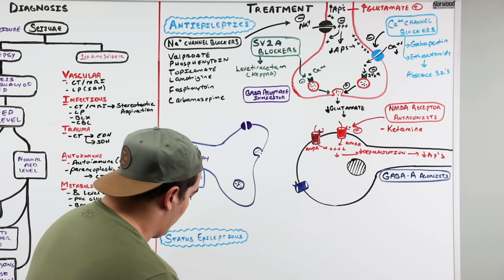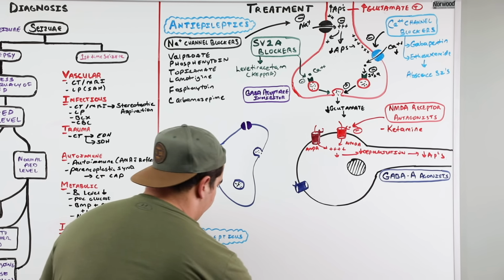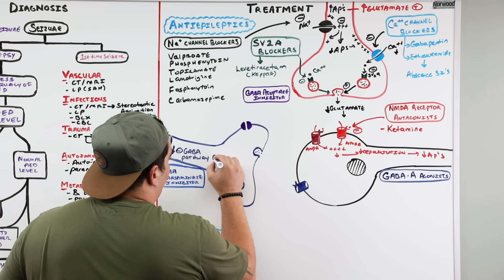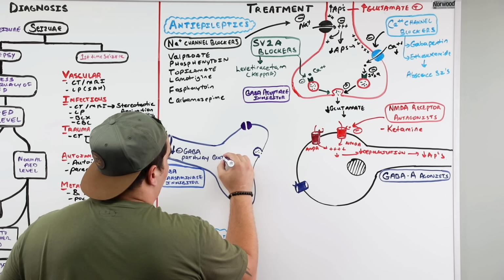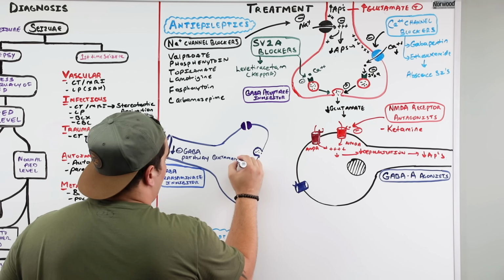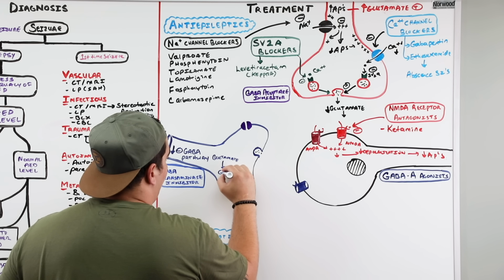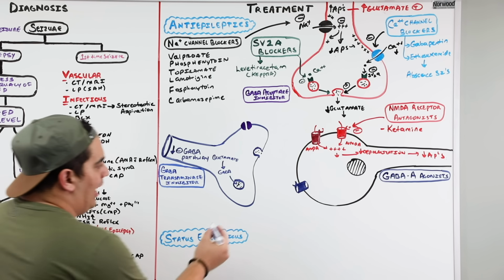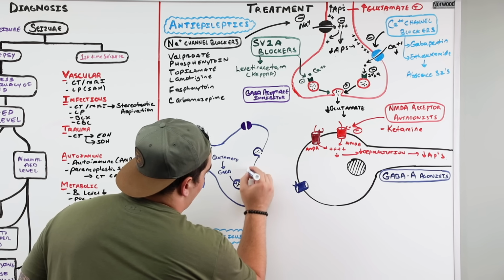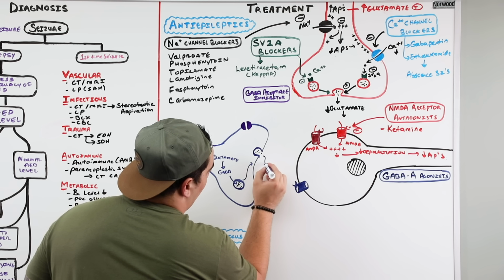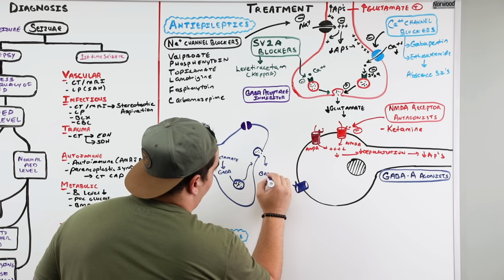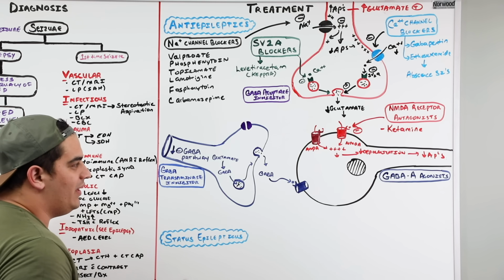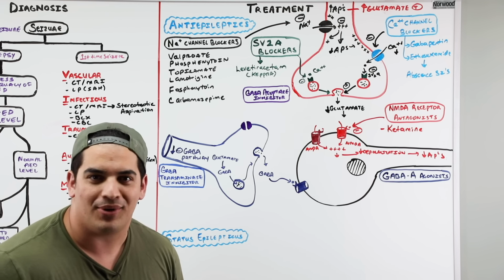Well, let's remember what the GABA pathway is involved in. First thing you need to remember is GABA is actually formed from a molecule called glutamate. So glutamate is actually converted into GABA, and then it's incorporated into these vesicles. And then when these vesicles fuse with the cell membrane and release GABA, GABA will bind onto these little pockets of these very special receptors.